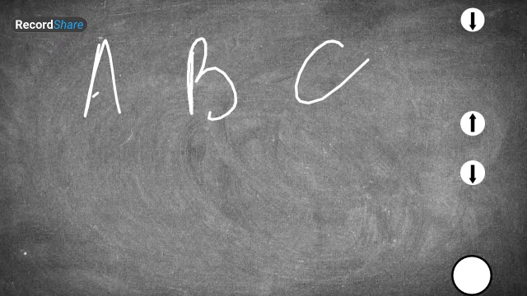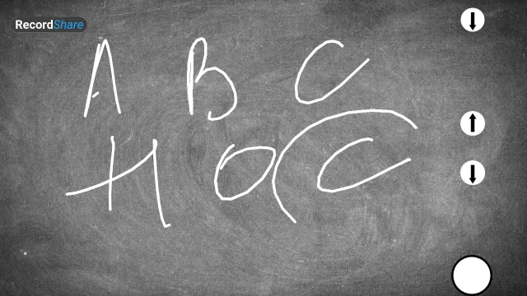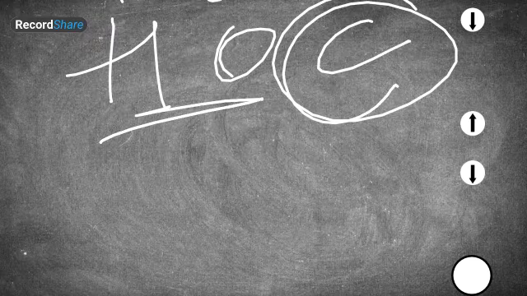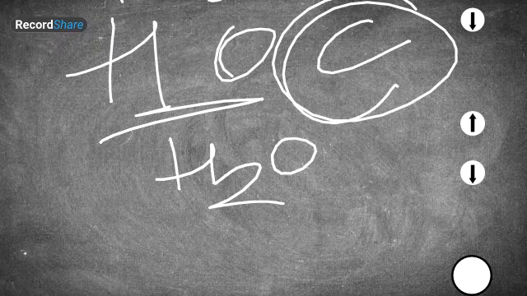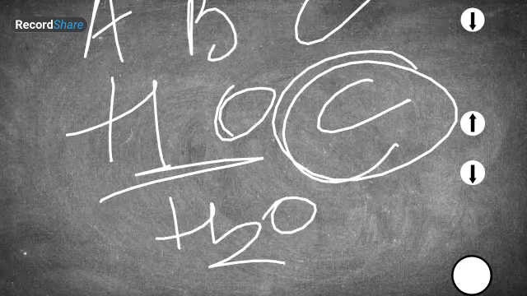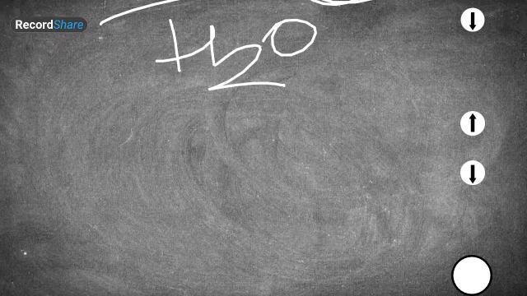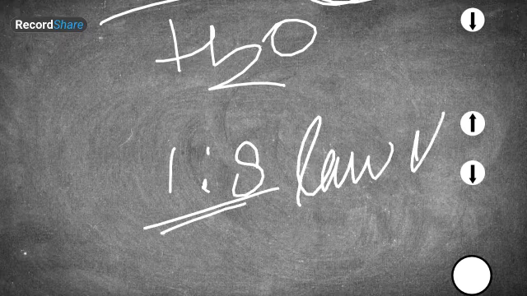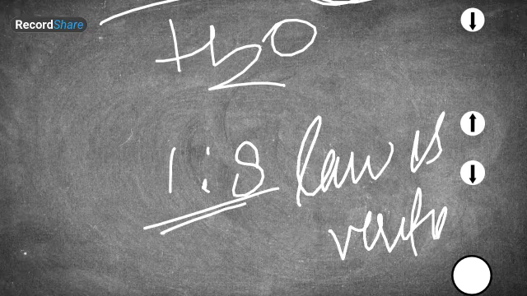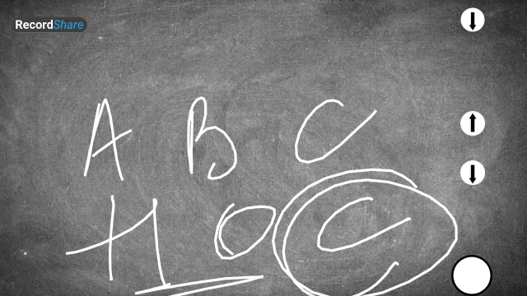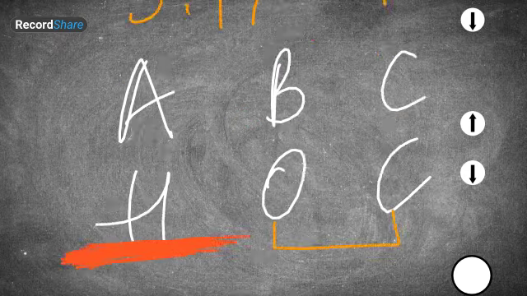Now let us see the last case. If we keep C fixed, then we get water over here. Then in water also, we have the ratio 1:8 again. So the law is verified. Let me tell you this law again because it is a little confusing for students.